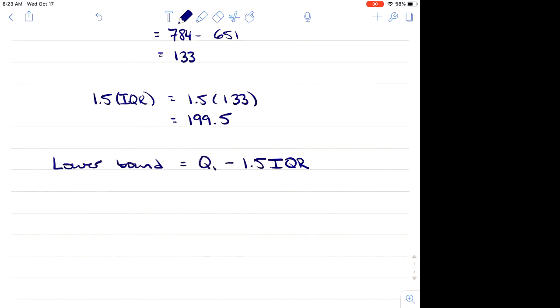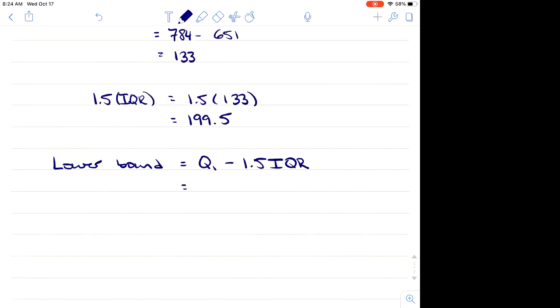I give you the interquartile range, and then you have to know to go 1.5 times the interquartile range down from Q1. So Q1 minus 1.5 times the interquartile range, that's your lower bound. And up from Q3, that's your upper bound.